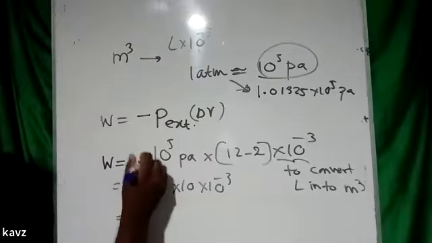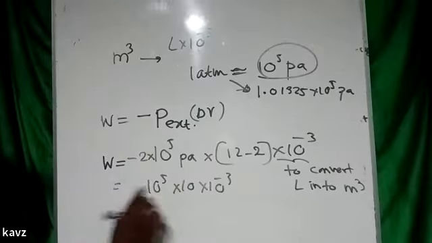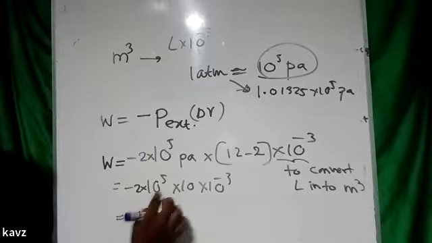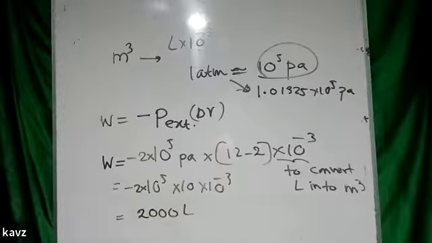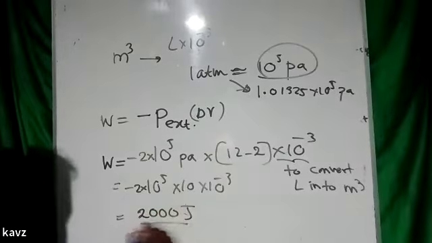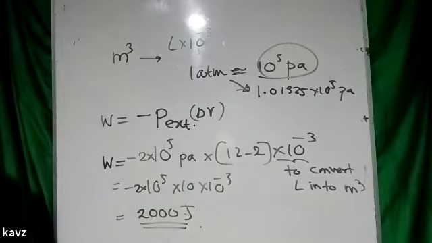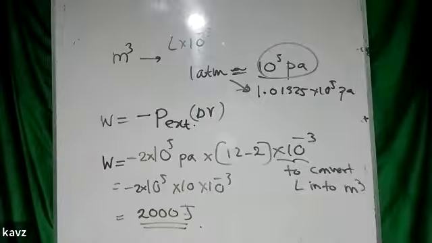I think it is 2 atm. So the answer becomes 2000 joules. If they are asking in joules, you have to express all the values in SI units, otherwise you will get the wrong answer.